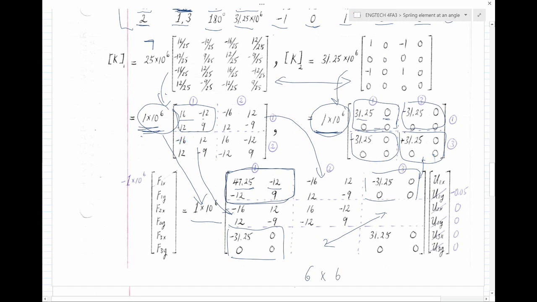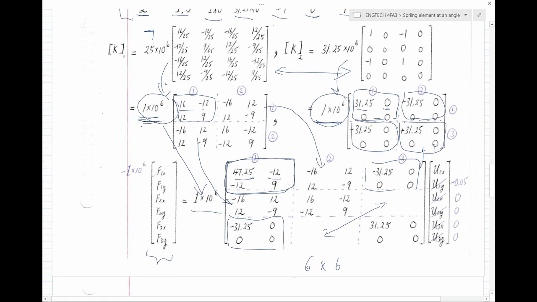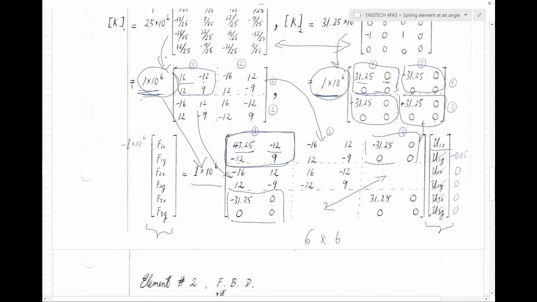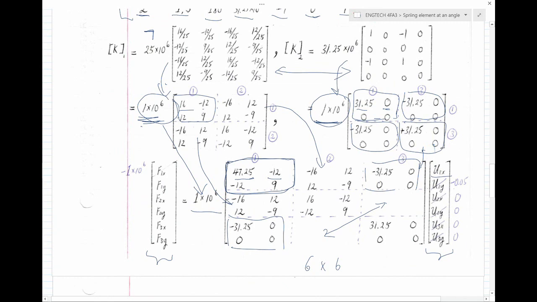And we have a force vector with 6 values, and likewise a displacement vector with 6 values. Now we apply the boundary conditions. U1x is something that we are looking for. U1y is negative. Remember, that node dropped by 5 centimeters, so U1y is negative 0.05.